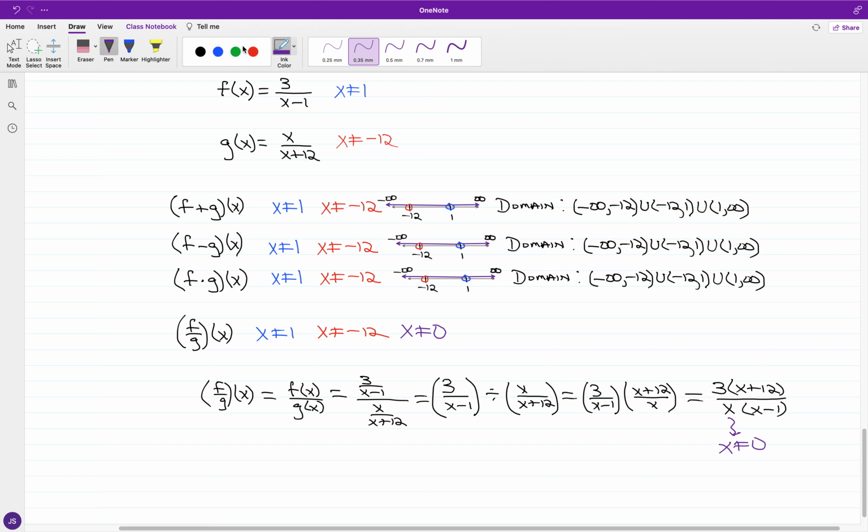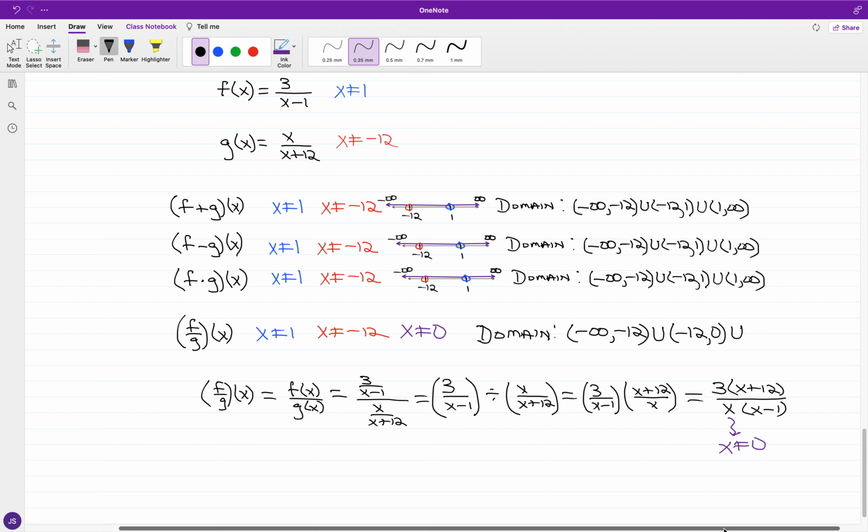What separates the domain of the quotient function apart from the others, and I won't draw the graph on this one, but just to envision, you're still looking at values of x less than negative 12, and the next smallest value is going to be 0 this time around. So you have values of x between negative 12 and 0, but not including negative 12 or 0.